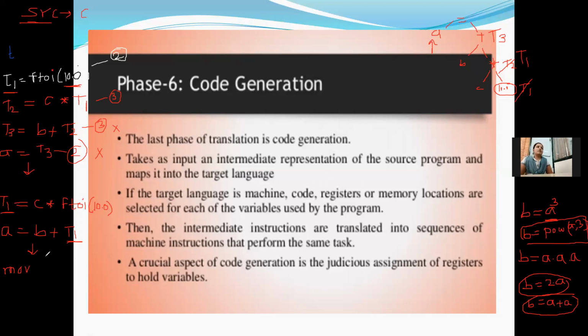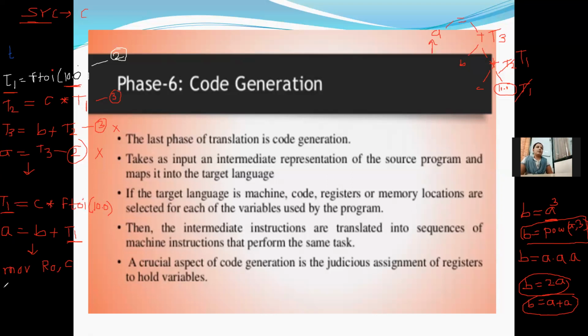So first I will move this C. I will move the C value into some register R0, let us assume. I will be moving C into some register R0, then perform the multiplication with 10.0.